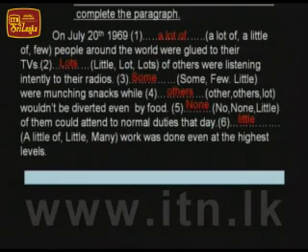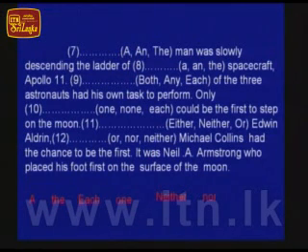Blank number 7. The sentence begins with a blank, and within brackets you get the determiners a and the, the articles which we spoke of earlier. "A/The man was slowly descending the ladder." Now for the first time we are talking about a man. So therefore you can't use the article the. We do not know which man, so we would say a man was slowly descending the ladder of the spacecraft.